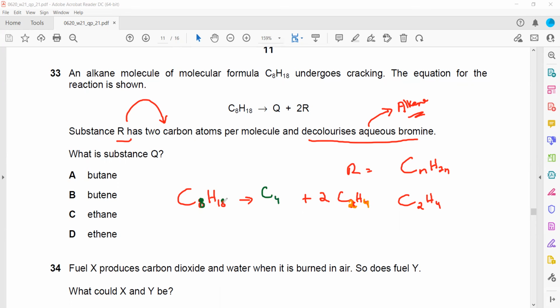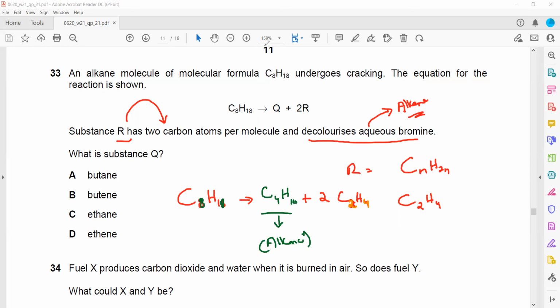And the total number of hydrogen atoms should be 18 on the left and the right. We already have 2 multiplied by 4, which is 8. So how many hydrogens are we left with? 10. So we are left with C4H10. And C4H10 is an alkane, because the number of hydrogens is twice the number of carbons plus 2. And which alkane? How do we identify the type of alkane?